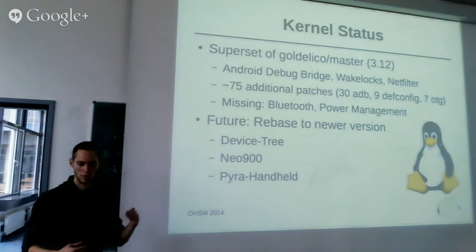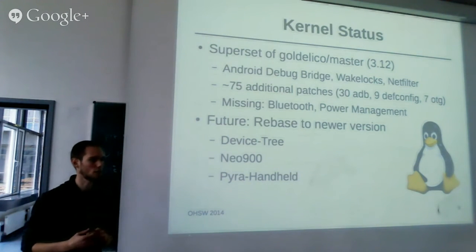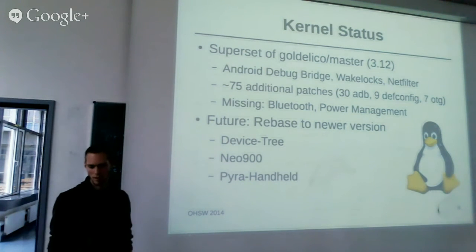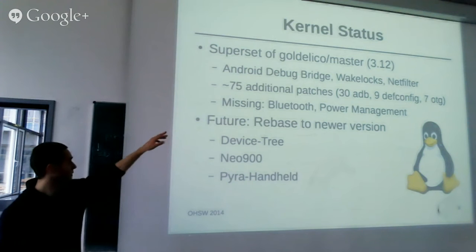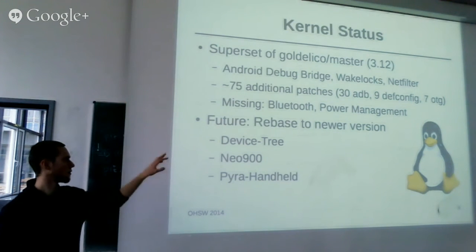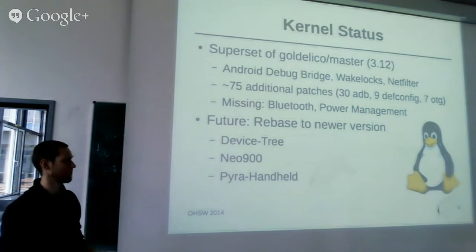And once we rebase this on a newer version of the GTA04 kernel, it's not so much work to adapt those patches. Of the 75 patches, 30 of them, which is almost half, are from the Android debug bridge driver.